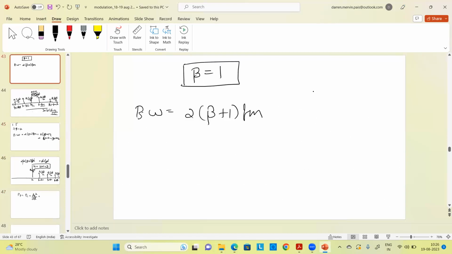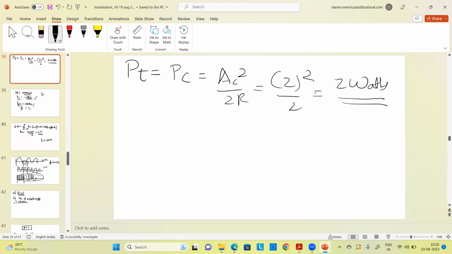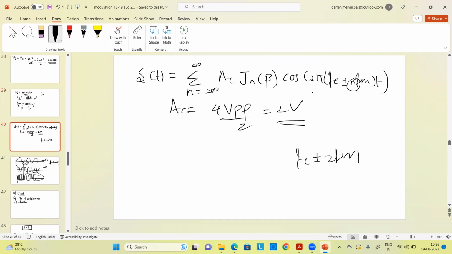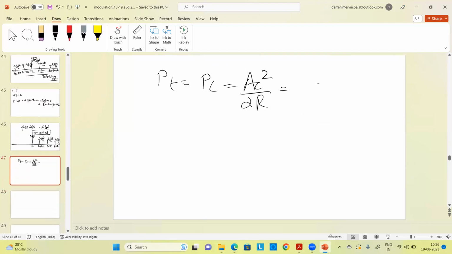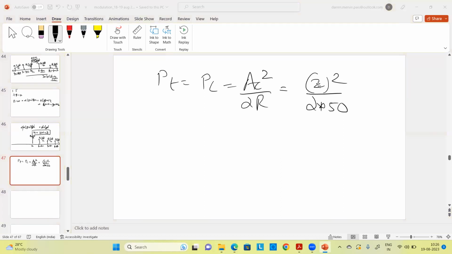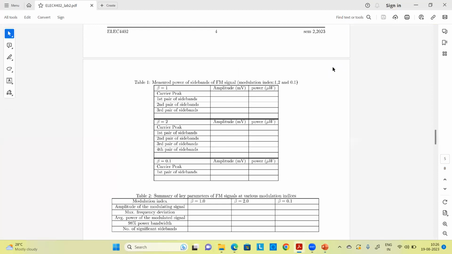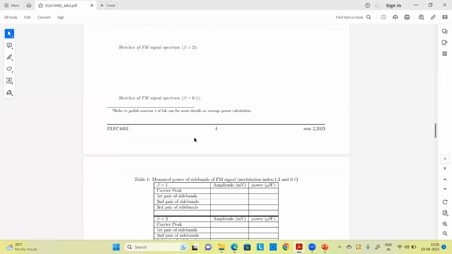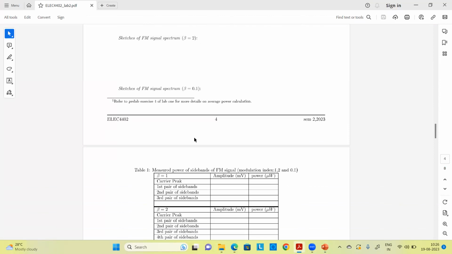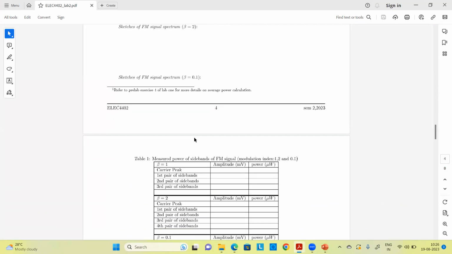What is the value of AC given as? 2 volts. So 2 square upon 2. This time, Jerry, it's not 1, it is 50. If you see, the R value is given here in the question. Impedance, yes. So depending upon what is given, you can accordingly take the value.